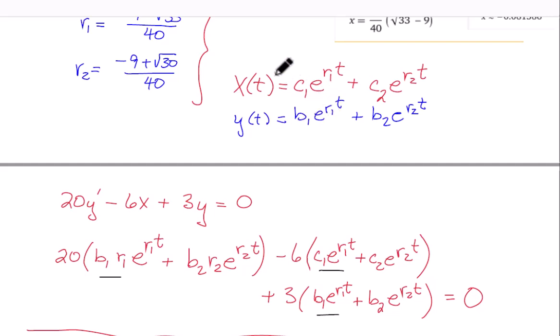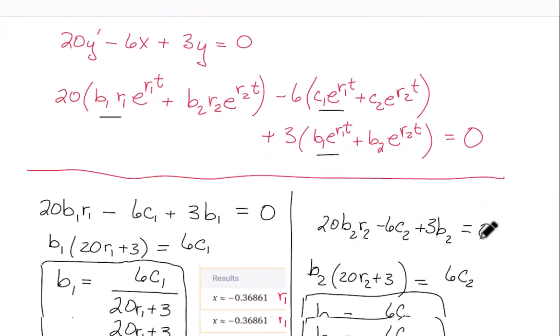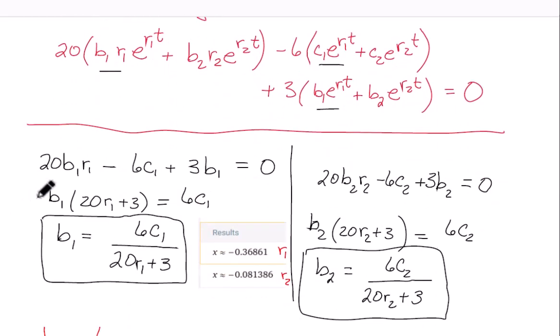So I plug this stuff in, plugged in what I know about y, and then I'm going to start matching up coefficients. All right, so I did all that, but when I do that, I get B1 looks like this, but it also depends upon R1.